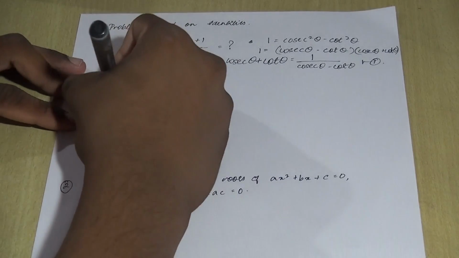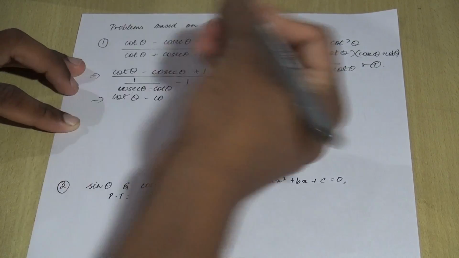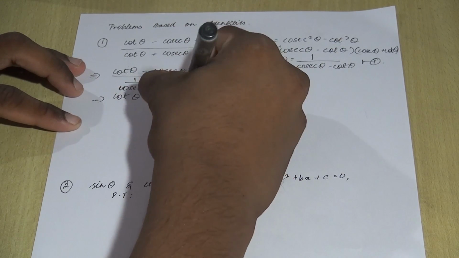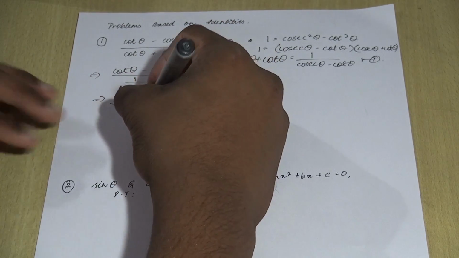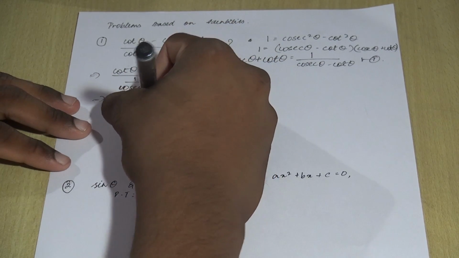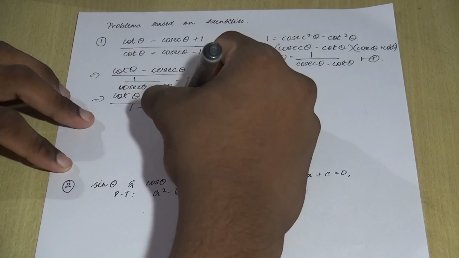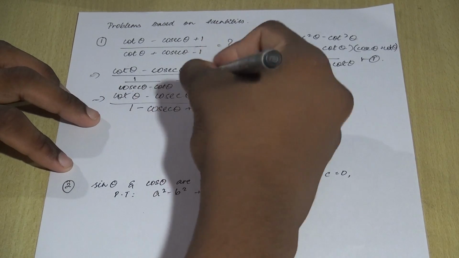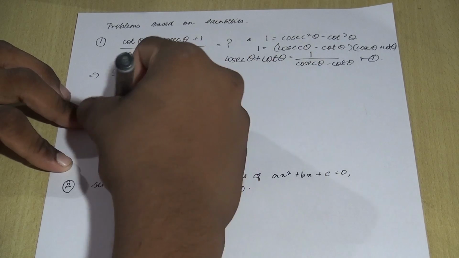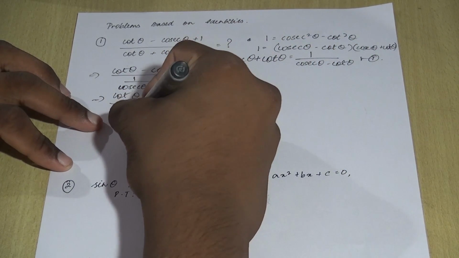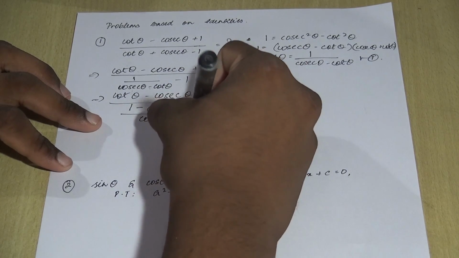By taking LCM, we get (cot theta - cosec theta + 1) by (1 - (cosec theta - cot theta)) whole upon (cosec theta - cot theta).